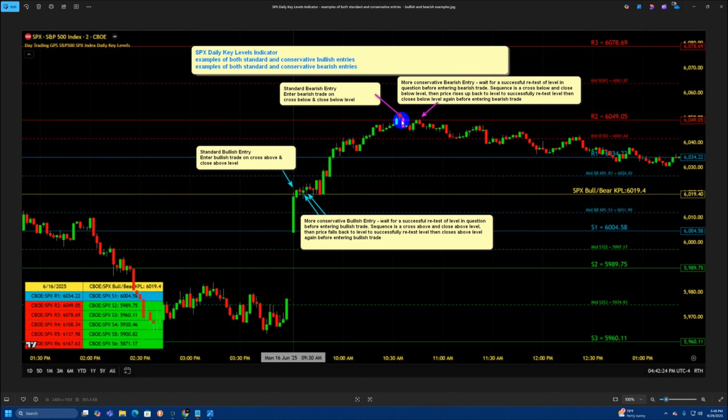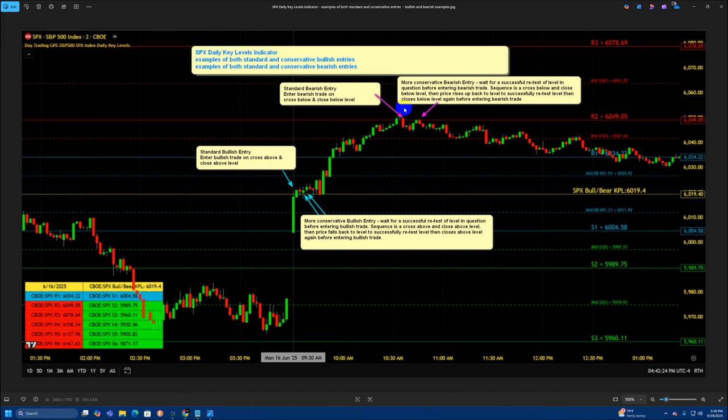Your standard stop loss on this bearish entry is the first midpoint level above the level you're taking the bearish entry from. Since the bearish entry is from the R2 level, your standard stop loss is the first midpoint level above, the mid R2, R3 level.